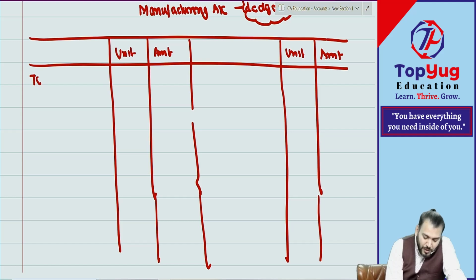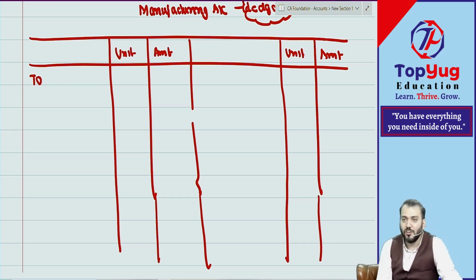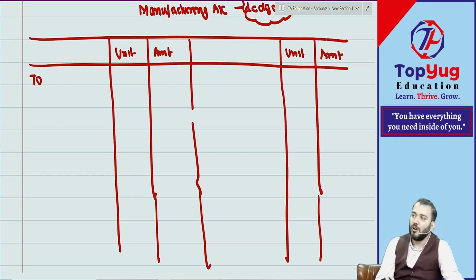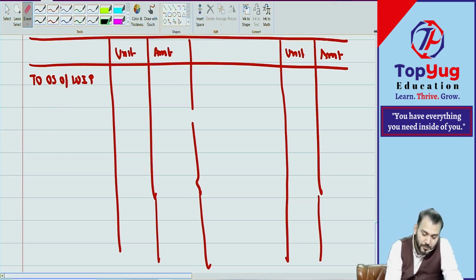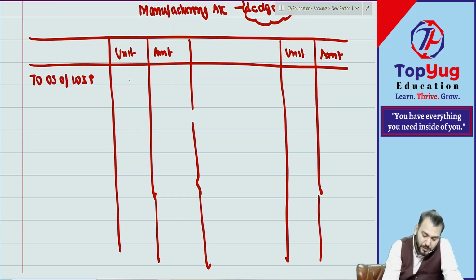Normally we start with opening stock, where we write opening stock of raw material, WIP and finished goods. Now raw material will be directly written in raw material consumed. We write To opening stock of WIP. So how many units, and write the amount.